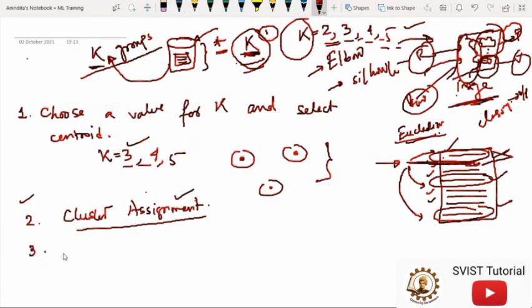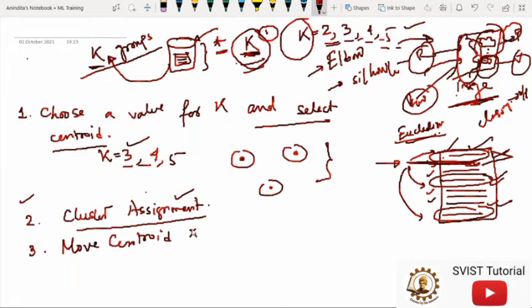Now we have step number 3, move centroid. This is the most important point you have to keep in mind. At the initial state, I have explained that whenever you are selecting the centroid for the first time, you are picking the centroid randomly from the dataset. It may not be correct. So we need some formula to find the appropriate centroid.